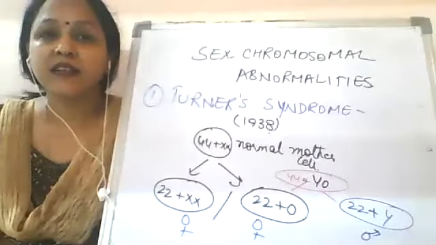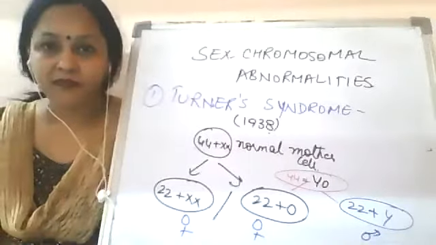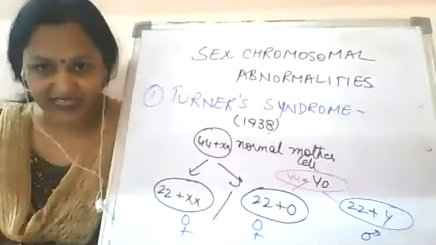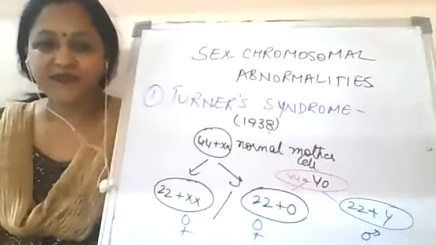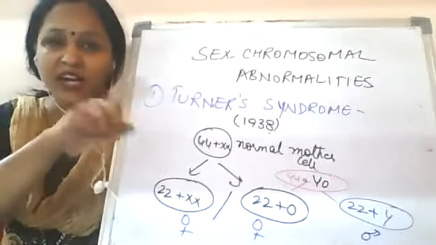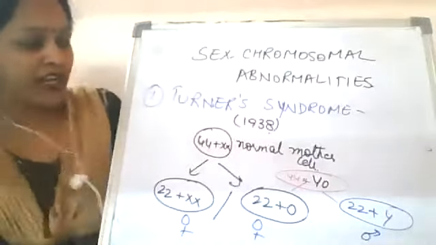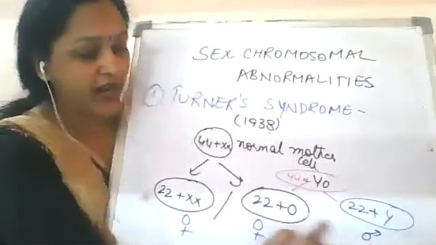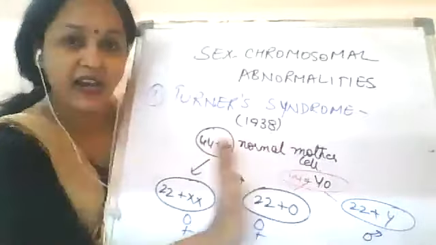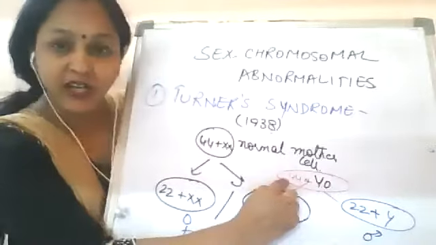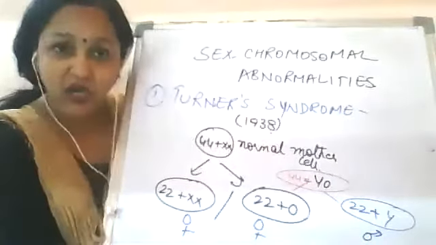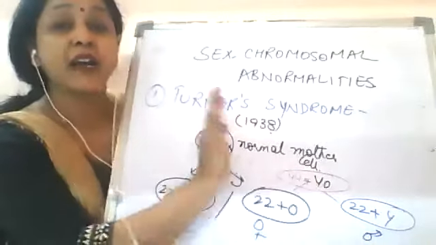Ma'am, my question was that you have shown with 0, 1. Okay, let me complete this one because this is something you should also know. Suppose 22 plus 0 and the other male gamete that is coming has a Y chromosome, then what will happen? The condition will be 44 plus Y0, and such males are unviable.